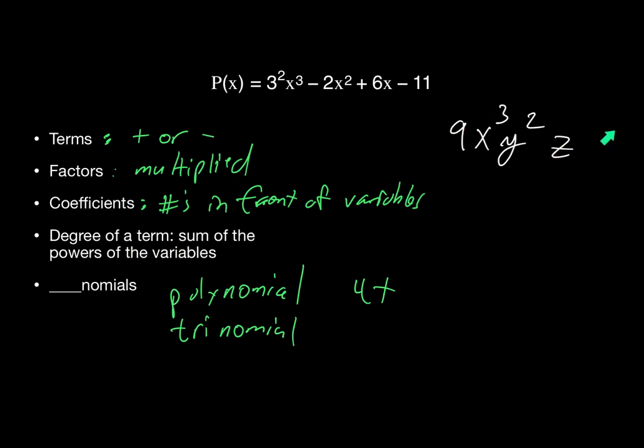The degree of this one, I'd look at the variables only, x, y, and z, and I would add the exponents. 3 plus 2 plus 1. So this is a 6th degree monomial.